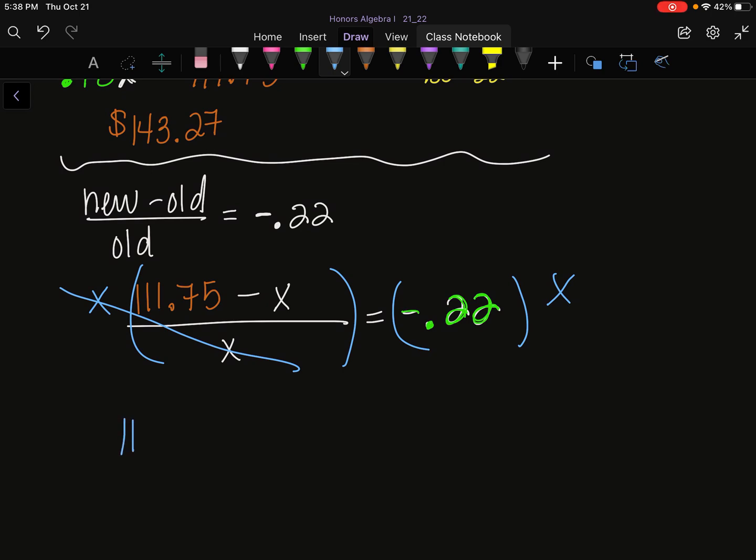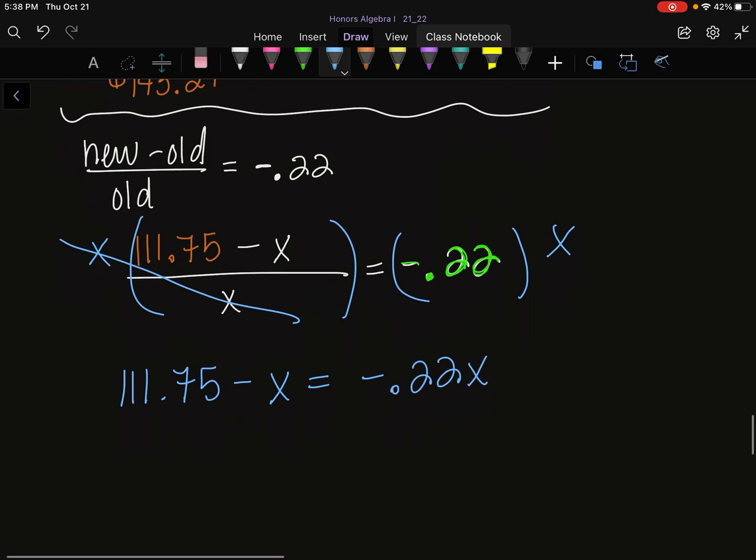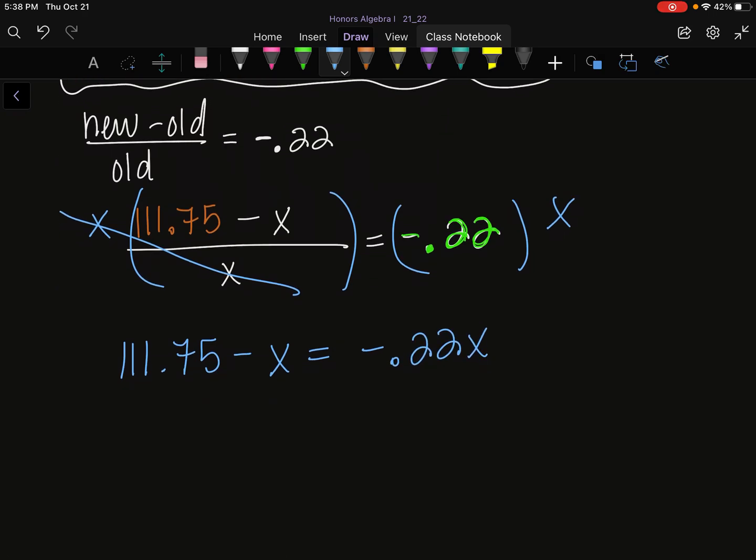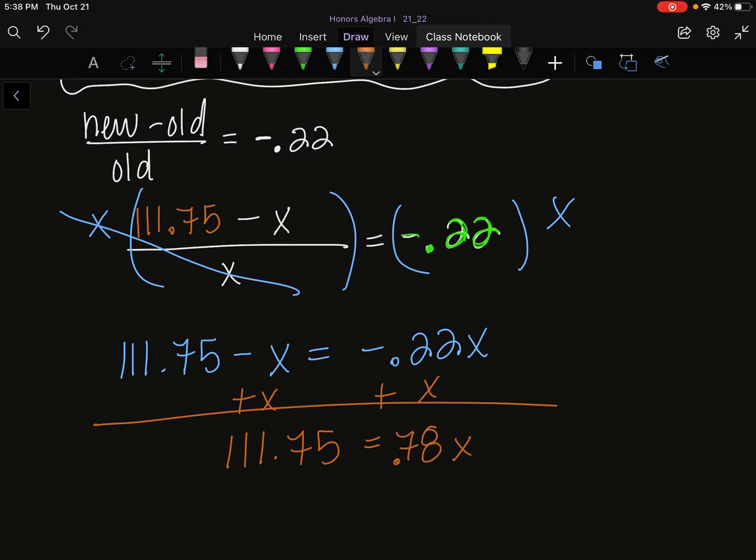Those X's cancel. I'm left with 111.75 minus X is equal to negative 0.22X. I then add the X to both sides. And that's going to be 78.78, or 0.78.